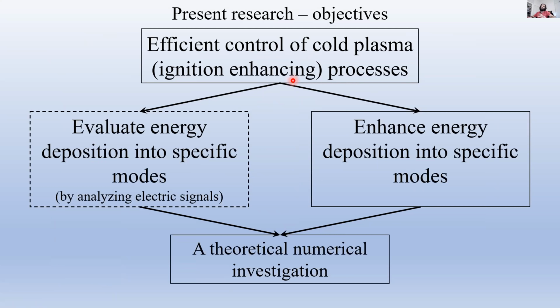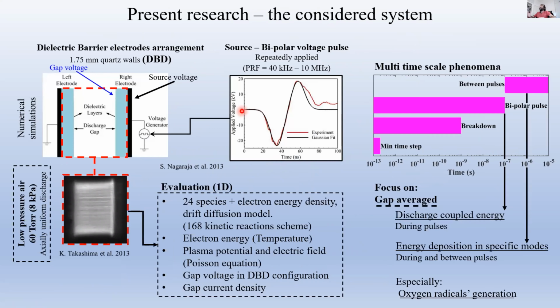By that, we mean that we can evaluate energy deposition into specific gas modes, and that we can enhance the energy deposition into those specific modes. Here we use a theoretical numerical investigation. Just a bit about the system we're considering. We're considering the application of a bipolar voltage pulse as a source, repeatedly applied at different pulse repetition frequencies, or PRFs.